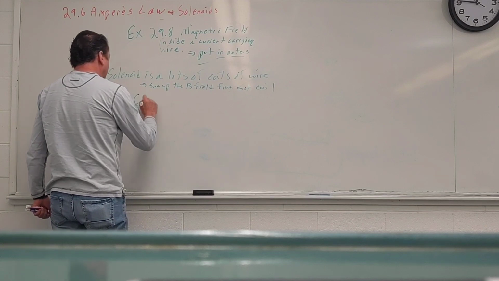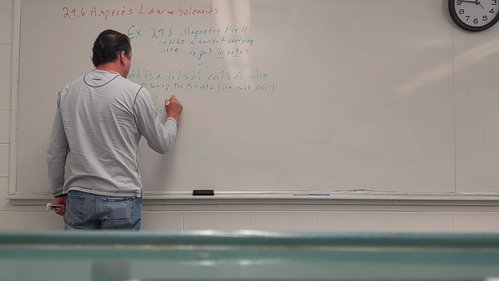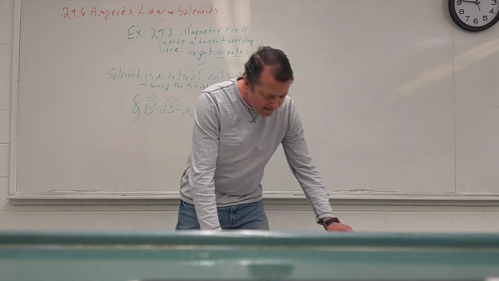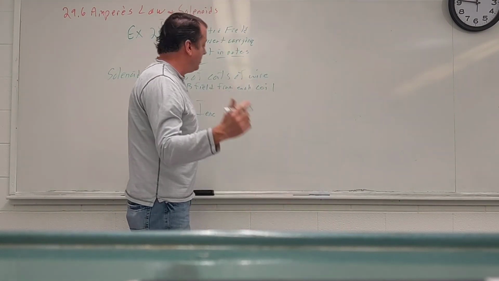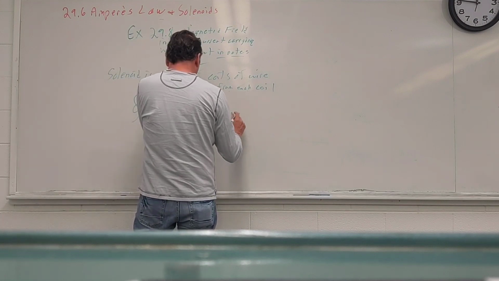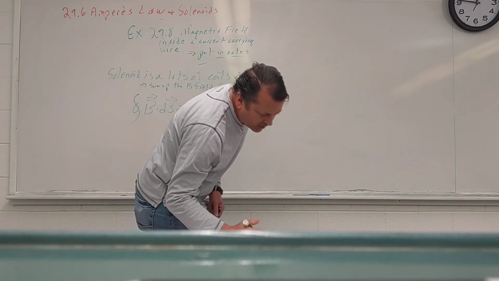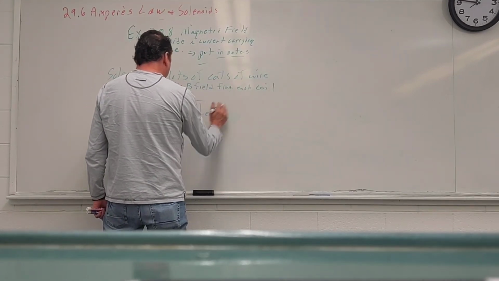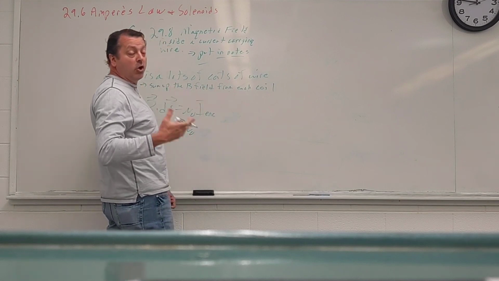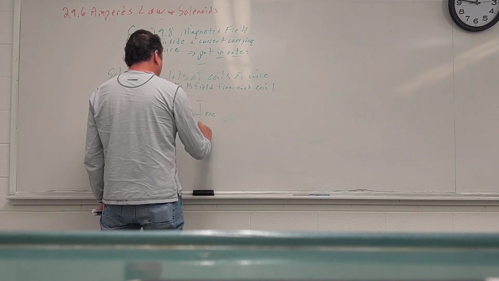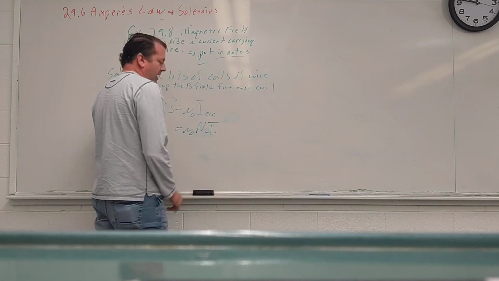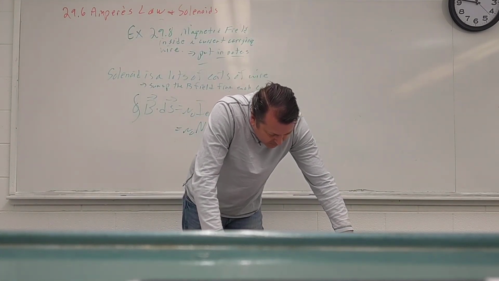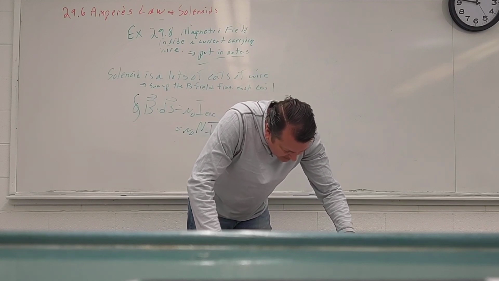If it was mu naught I enclosed, it would just be one. But it's not just one of them. It actually becomes however many loops we have, and I'm going to say N times I.